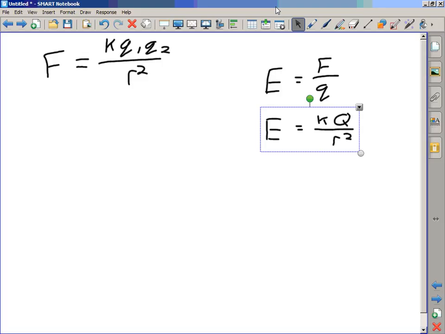But you have one or three, however many, big charges. Each of them puts out their own electrical field according to this equation. Electrical field equals K times that big charge putting it out, divided by the distance to that X off in space, squared. It's a vector, so you get an angle from the angles that I give you, and you add those vectors to get the net electrical field.